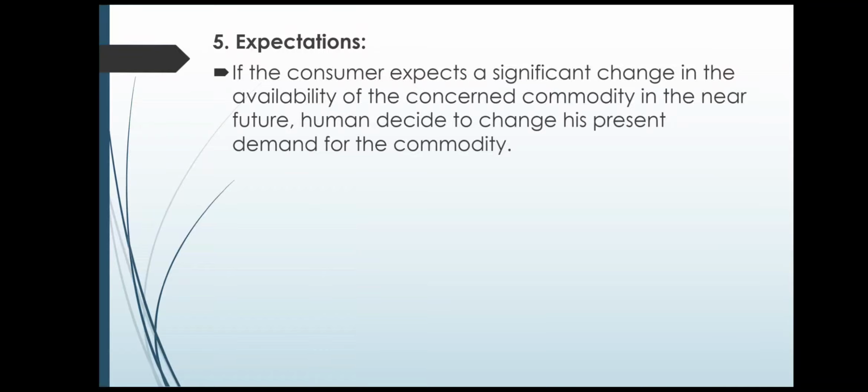If there is a particular commodity whose price is higher than usual, even then a consumer may purchase it, they may prefer to have it if they expect that the price is going to rise all the more in future. So expectations are also one of the determinants.